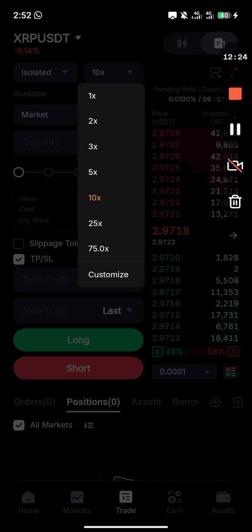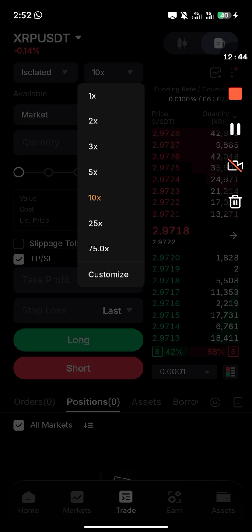Now, what's the meaning of leverage? Leverage simply means that if SRP goes up, maybe by 10%, then with 10x, I'll be making 10 times 10. With 5x, I'll be making 10 times 5. With 3x, I'll be making 10 times 3. That's the meaning of leverage.